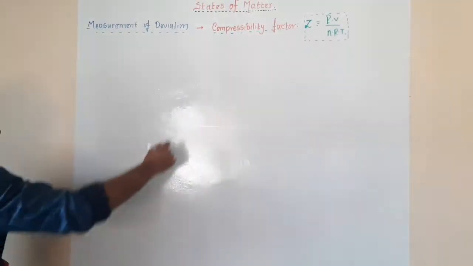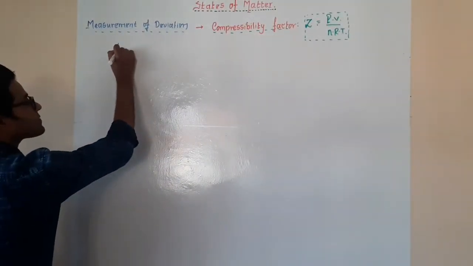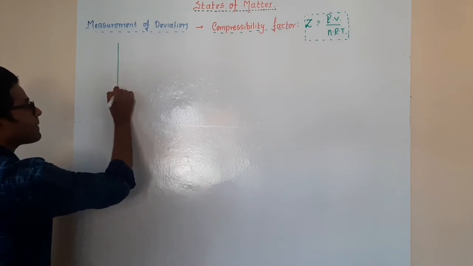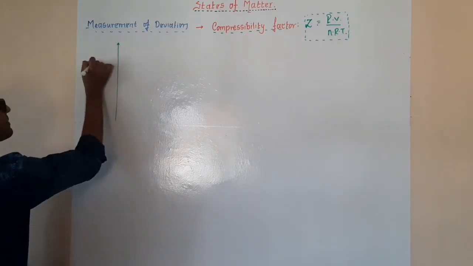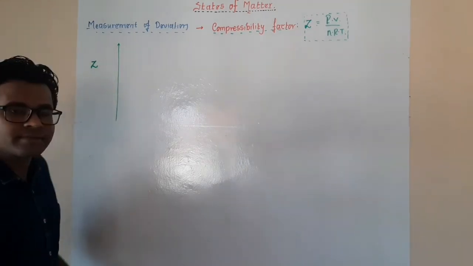If we do that, what we are going to get is, over here, let's say this axis represents the Z axis.